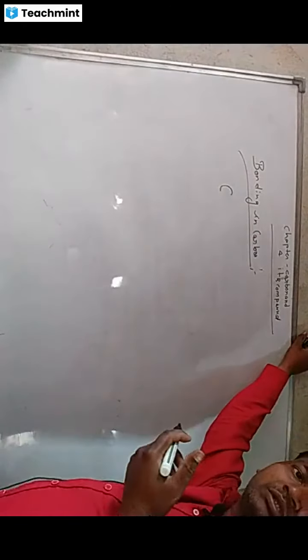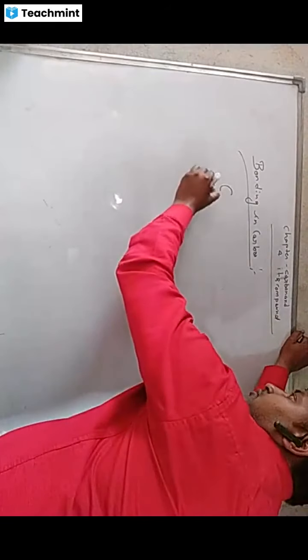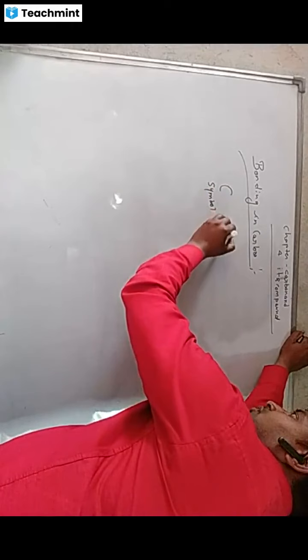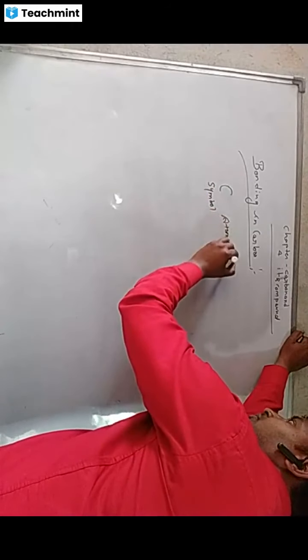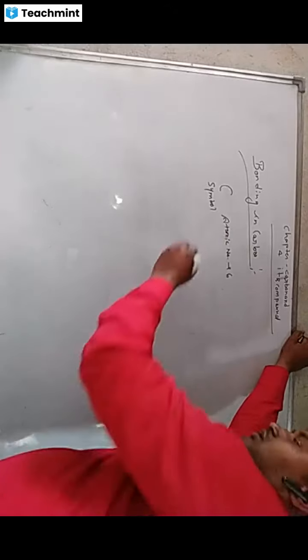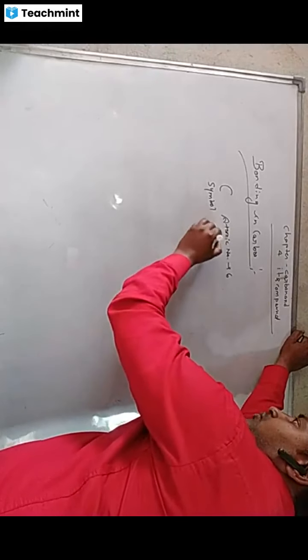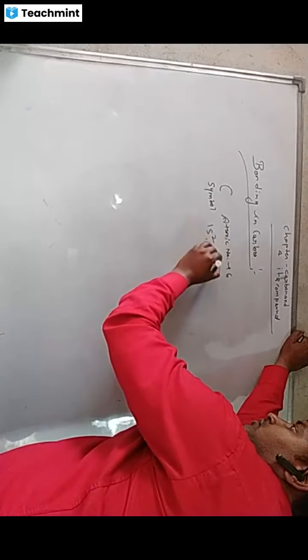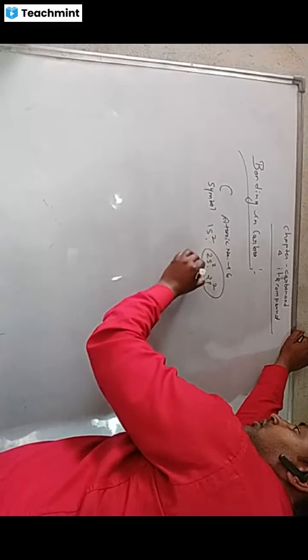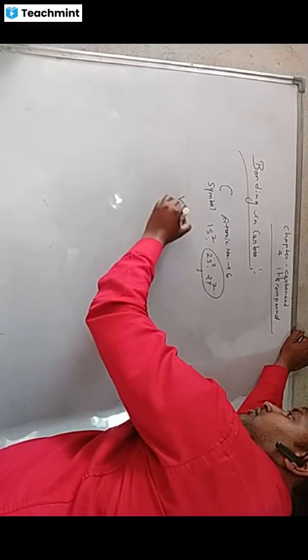This is carbon. C is the symbol of carbon, and the atomic number of carbon is 6. The electronic configuration is 1s2, 2s2 and 2p2. This gives the valency of carbon, which is 4.